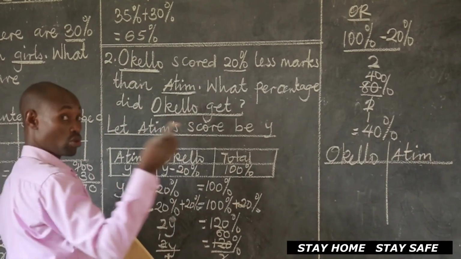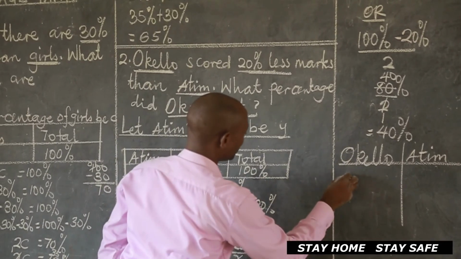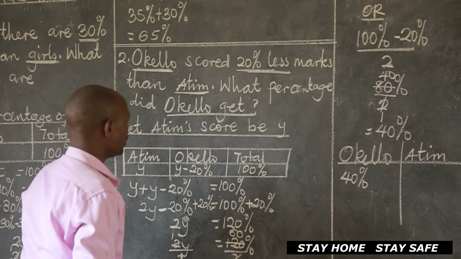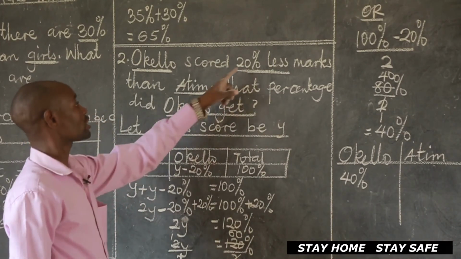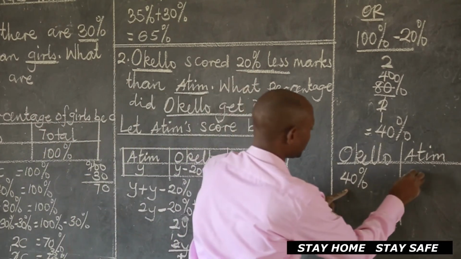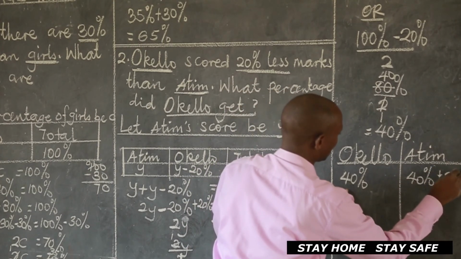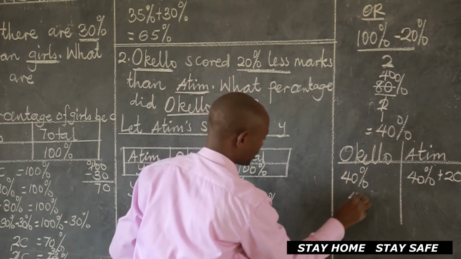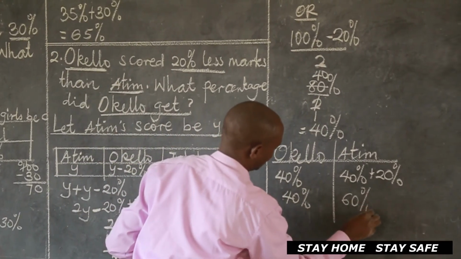So Okero who got less will be having the 40%. So if Okero got less, then what will a team have? It means a team scored 20% more than this, because this one is less by 20. So we shall get 40%, then we add there the other 20%. So you will find that Okero who is less, that is 40, then the other one will be 60%.